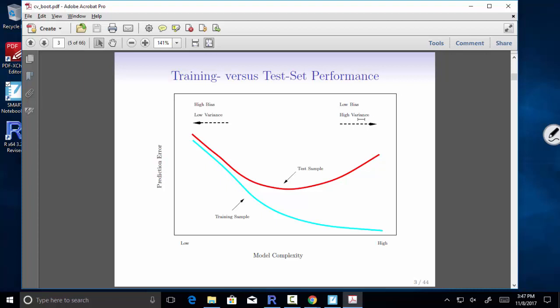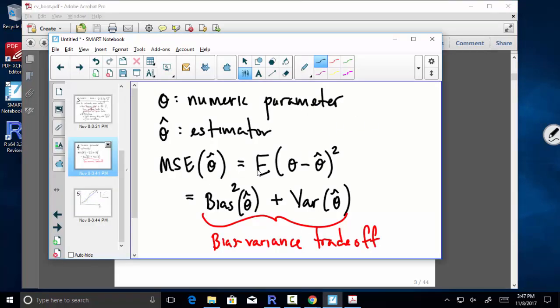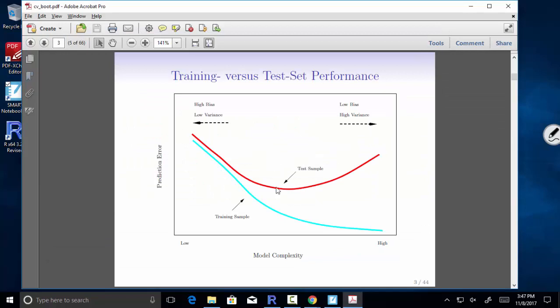But the penalty for that is that they have high variance. So in terms of building a predictive model, we care about both bias and variance. And our goal then is to find a happy medium between complexity and accuracy.